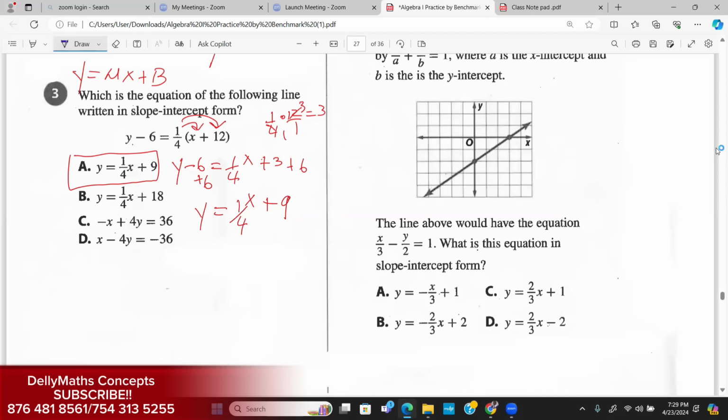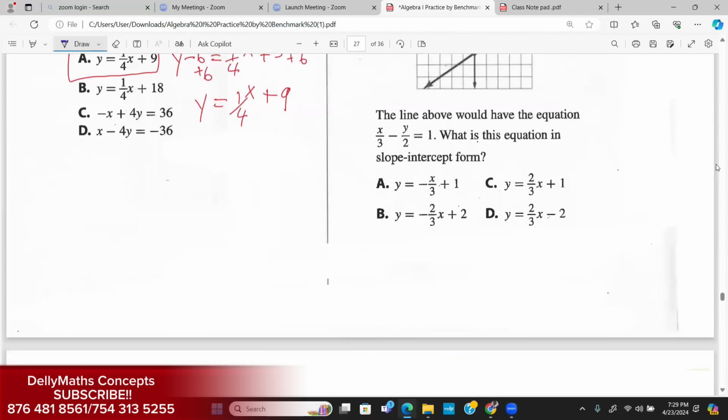All right, so if I'm going to put this into slope-intercept form, basically what I'm going to do is move things around, all right? So we have x over 3 minus y over 2 equal to 1. Remember, slope-intercept form is like this: y is equal to mx plus b.